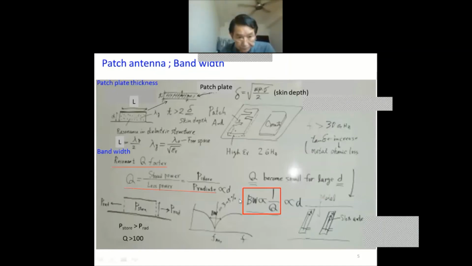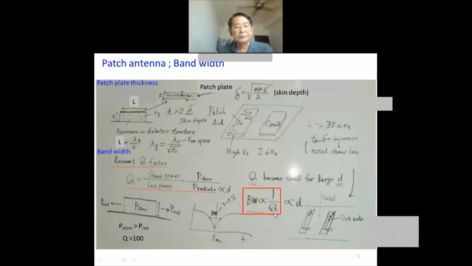So bandwidth becomes around 1%. So practical bandwidth is almost 3 to 5%. This bandwidth is rather narrow compared to the dipole antenna.